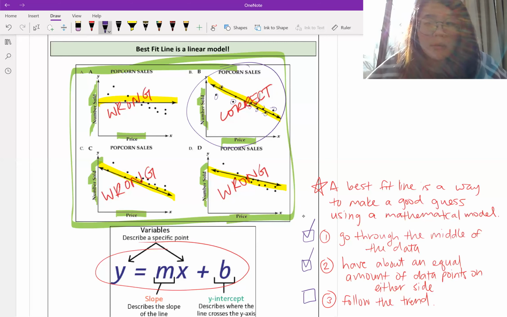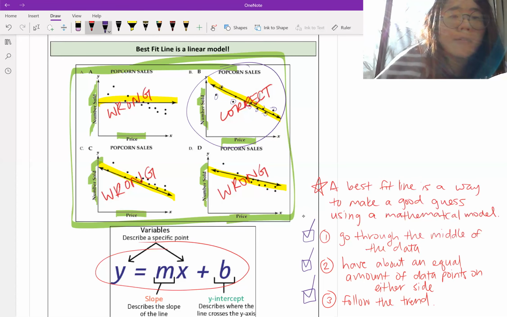This is really important because in our QPA, I will be asking you to pick a graph that has the correct best fit line, and I want you to explain it. So what I need you to do is explain why it's correct using these 3 reasons that I listed. As a summary, every best fit line is a line, and it should go through the middle of the data points, it should have about an equal amount of data points on either side, and it should follow the trend.